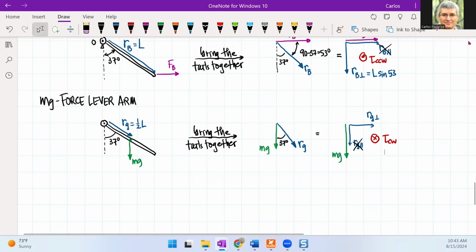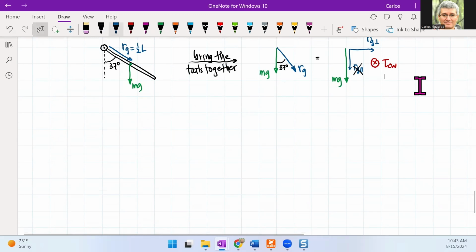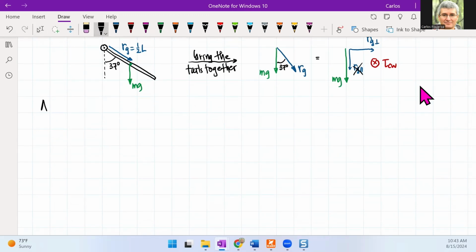So now, if I put it all together, we could then say the following thing. If I now apply Newton's second law for rotations, we then say that the net torque will equal the torque due to the magnetic force minus the torque due to gravity.